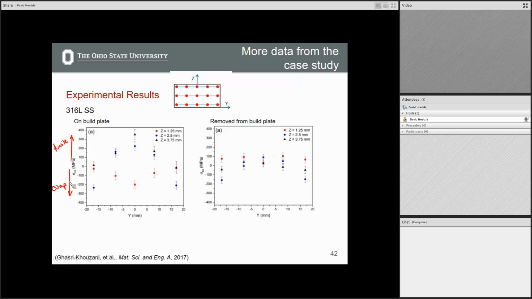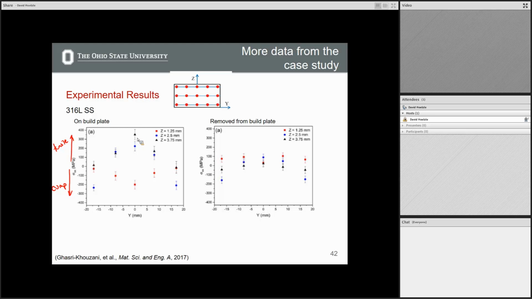If we look at regions that were low in terms of Z height, those were in the modest compressive stress ranges, and the ones that are high were in the highest stress levels, and they were tensile.